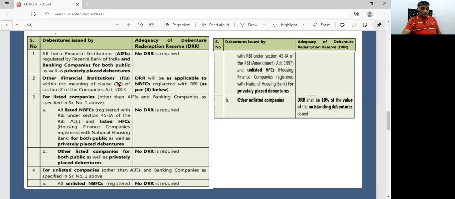For other financial institutions within the meaning of clause 72 of section 2 of the Companies Act 2013, the DRR will be as applicable to NBFCs registered with RBI as per clause 3 below. Very important that you need to create a 10% DRR for those companies which are not registered with the RBI. That is very important.